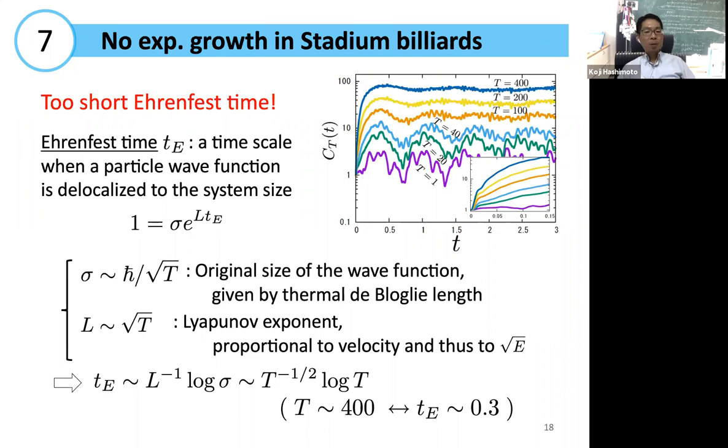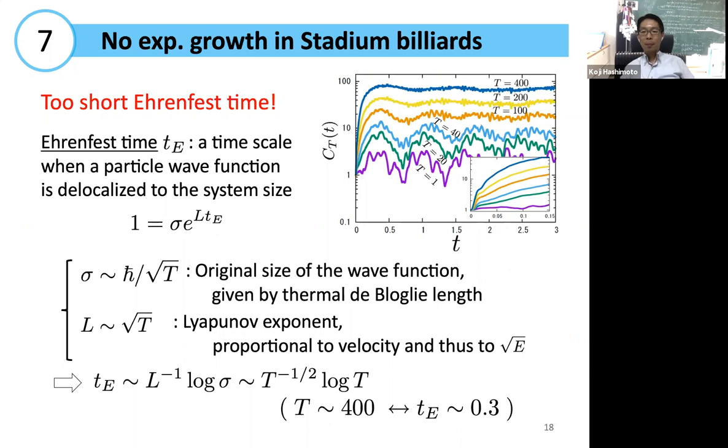This argument about the Ehrenfest time here is only for showing that in this stadium billiard case, the Ehrenfest time is too short. So there is no way to actually pick up the exponential growth in OTOC. Only for that purpose I presented it.